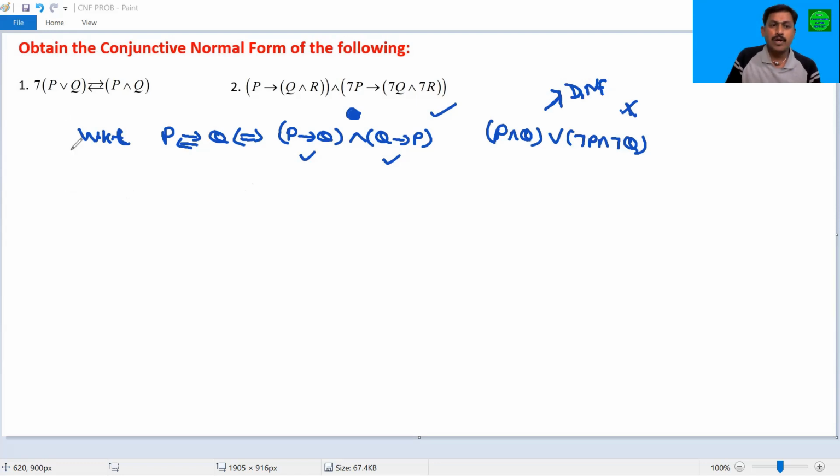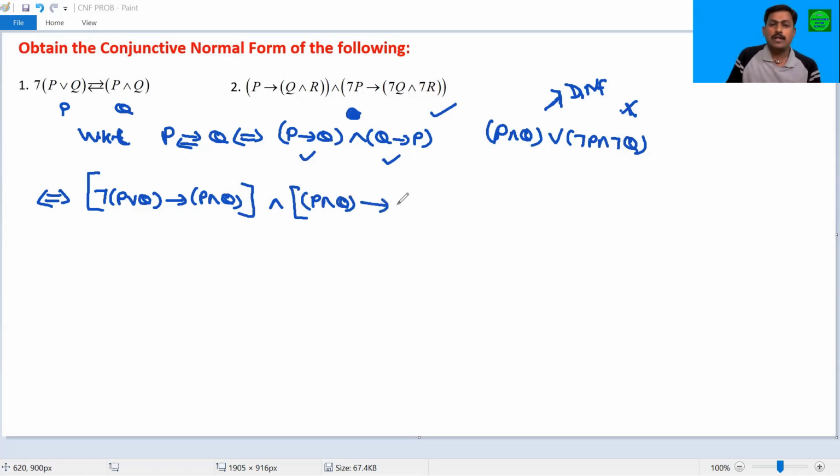Using this formula, I am going to extend this given problem as this is P and this is Q, that is equivalent to, we can write not of P or Q, then your Q value is P and Q, and P and Q is your Q value, then our P value is not of P or Q. Next, still the first step is not yet over, because in that bracket terms you will have again the conditional symbol.